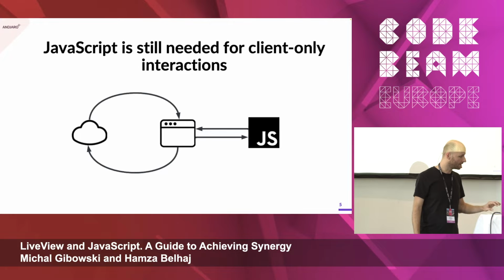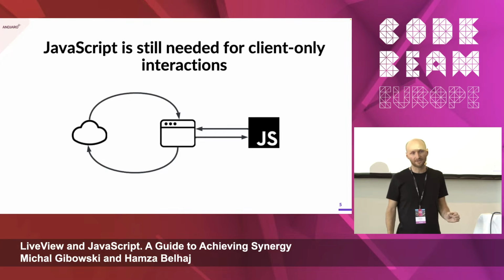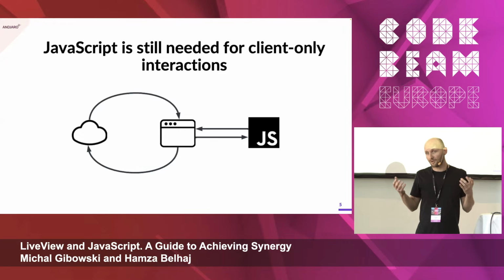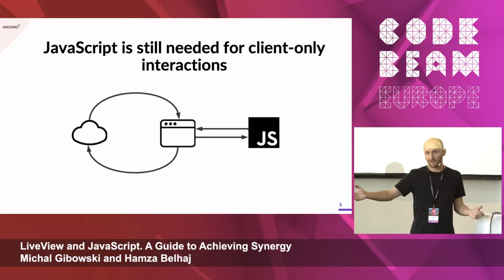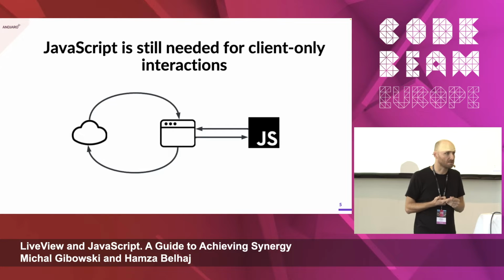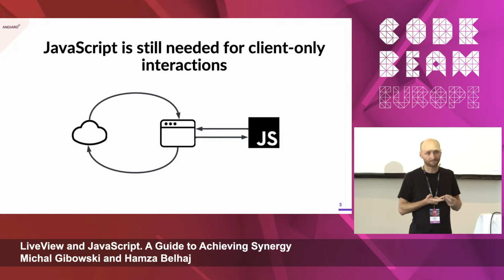However, in many cases, some form of JavaScript is still needed, because you do want to have state also on the client side. You don't want to do server round trips for everything that happens on the website. You may have some tabs components, maybe a custom calendar, or maybe a modal.